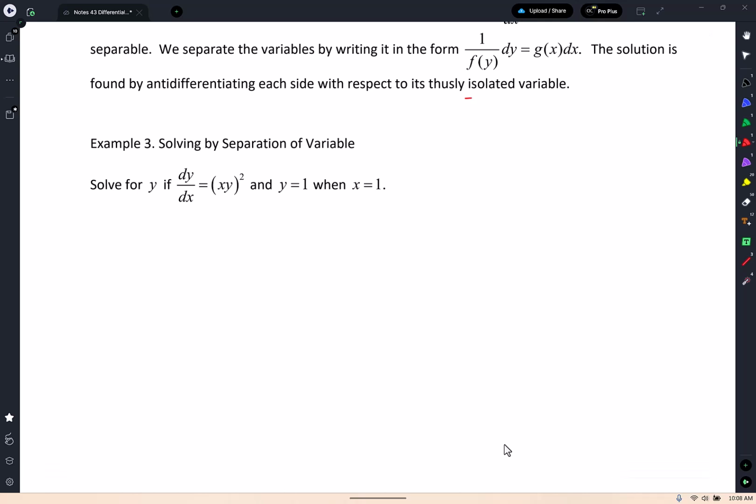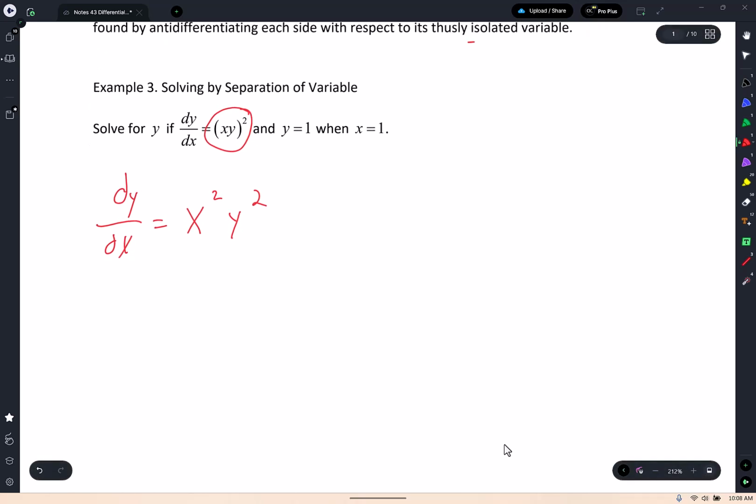So when you have something like this, I'm going to go slow, guys. It says solving by separation of variables. Solve for y of dy/dx equals. So the first thing I'm going to do, law of exponents. I'm going to go dy/dx equals x squared y squared. Are we okay with that first step? Next step, I'm going to divide by y squared and multiply by dx.